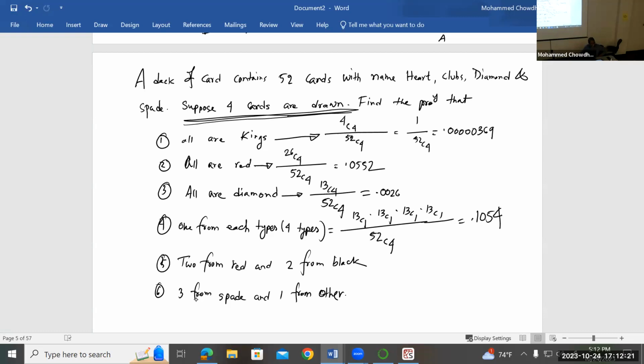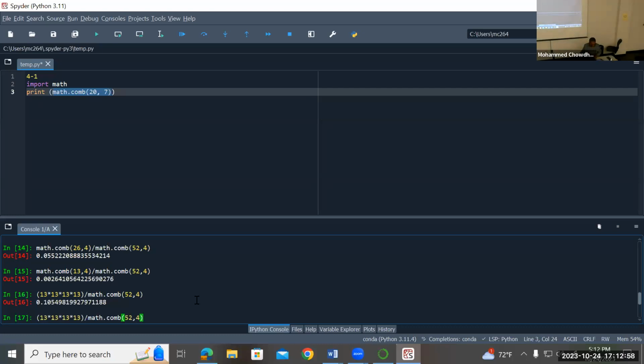Two from red and two from black. That is 26 choose 2 for red and 26 choose 2 for black, over 52 choose 4. Two from red and two from black. 26 choose 2, and I have to multiply it by 2 as well.